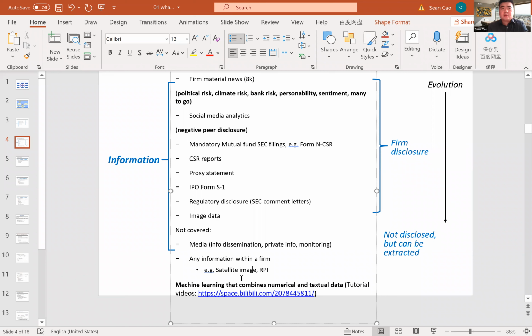But you don't have access to that data. So that's why I don't cover that in the class. I only want to cover the data which is available to you, which you can collect from websites, parse, and analyze. So most of the time, availability is important. Data availability is very important.